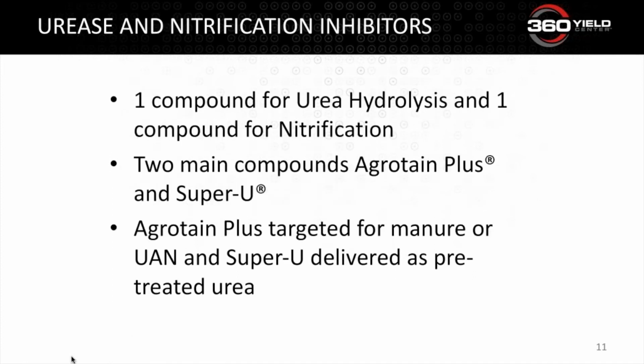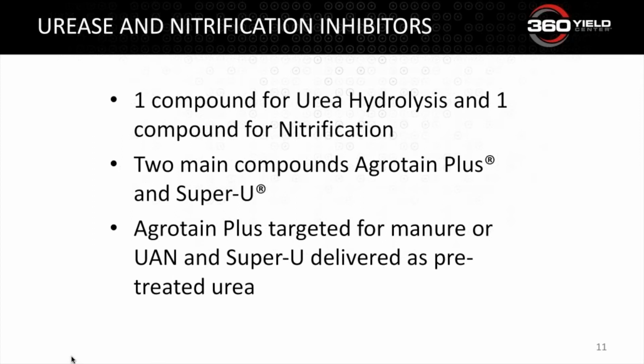Now, there are some newer products, and again, this is not an exhaustive list, that are targeting both urea hydrolysis and nitrification inhibition. So if you have manure or 28%, which is urea ammonium nitrate, and you're putting that on at V3, you're trying to make sure you're delivering nitrogen all the way out into the growing season where we typically have a lot of rainfall.